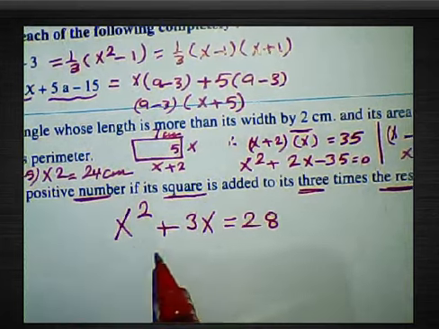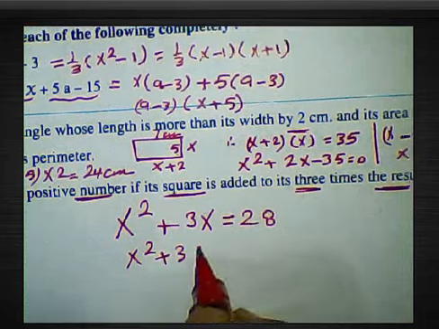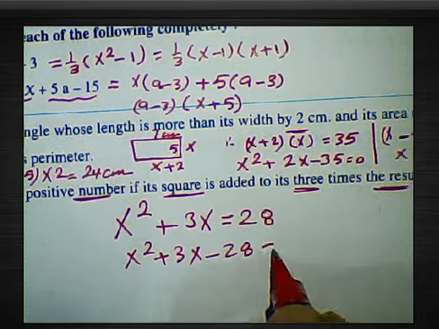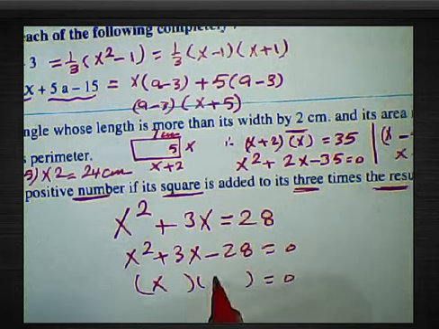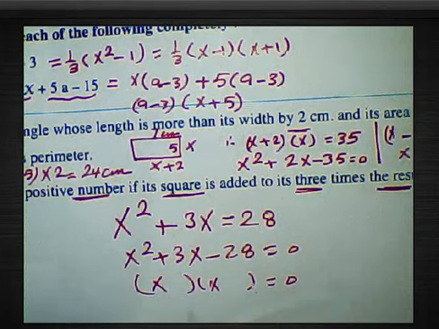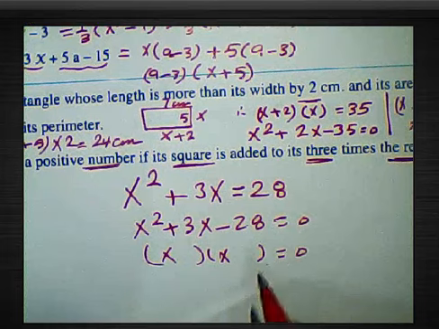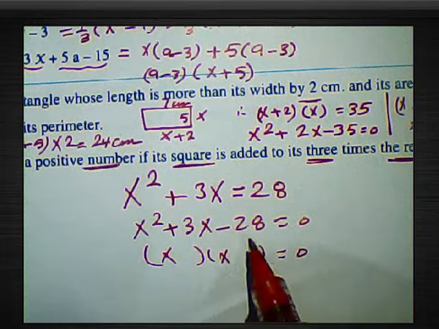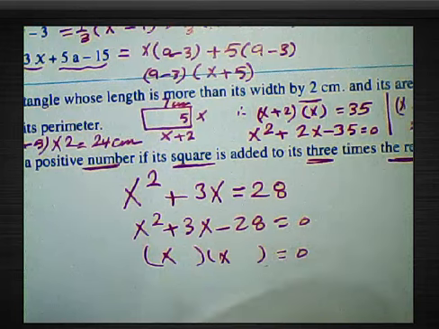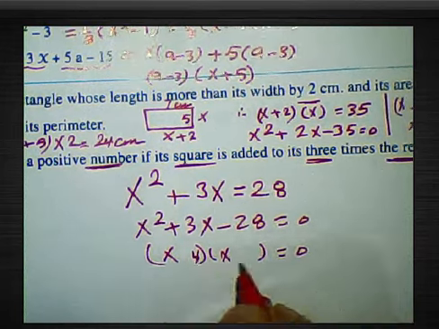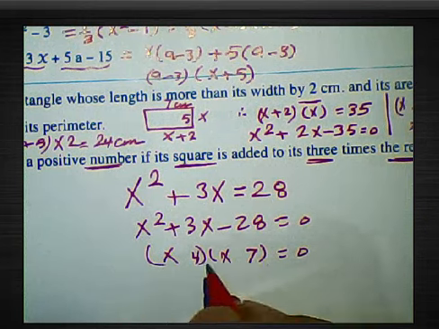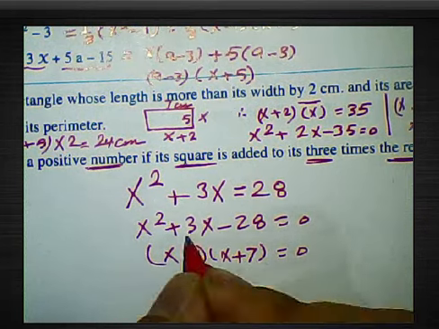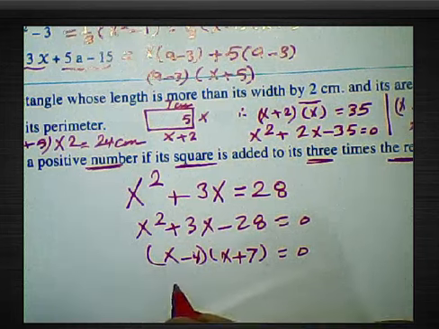We can factorize this by writing x power 2 plus 3x minus 28 equals 0, and then factorize. x power 2 will be x times x, and we want two numbers whose product equals 28 and whose difference equals 3, such as 4 and 7. 4 times 7 equals 28, and the difference between them equals 3, and the sign of the greater will be positive and the other negative.